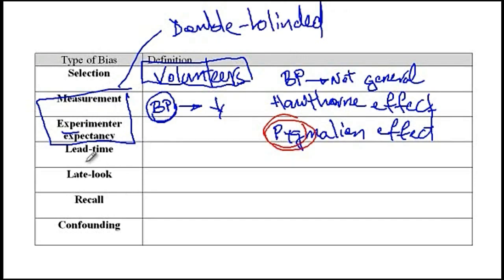The next type of bias I would like to talk about is the lead time bias, and it's an early detection of a disease that may affect the analysis of the results in terms of survival. So let's say that individuals that are detected with ovarian cancer usually die 5 years later.